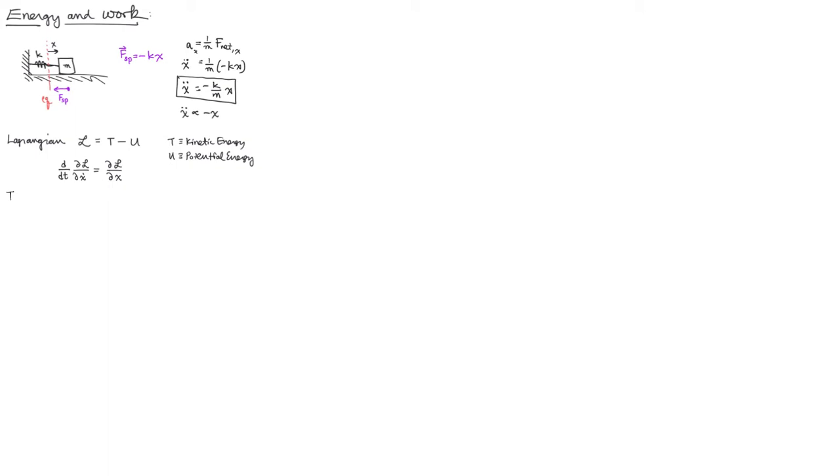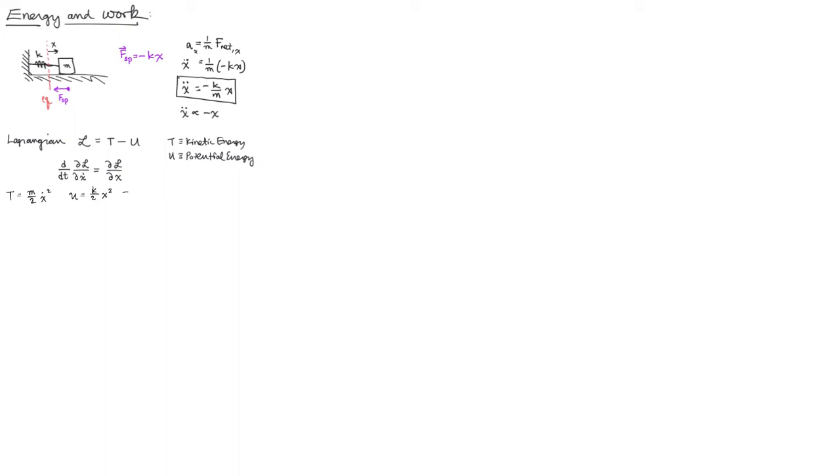The kinetic energy here is the kinetic energy of the box, which is m over 2 x dot squared. The potential energy is that of the spring, which is k over 2 times the stretch squared.